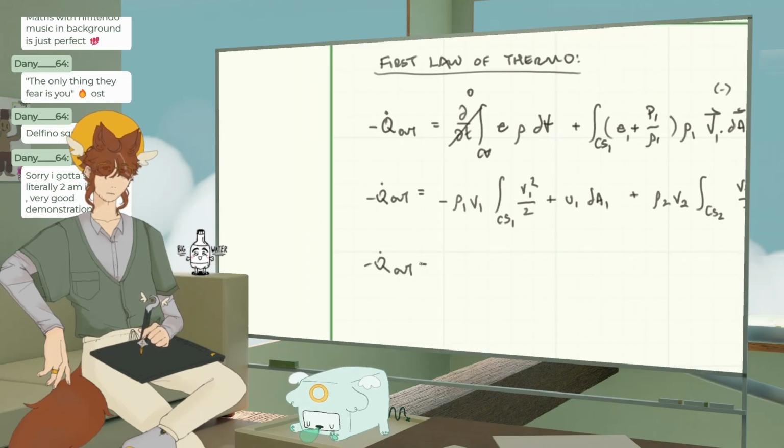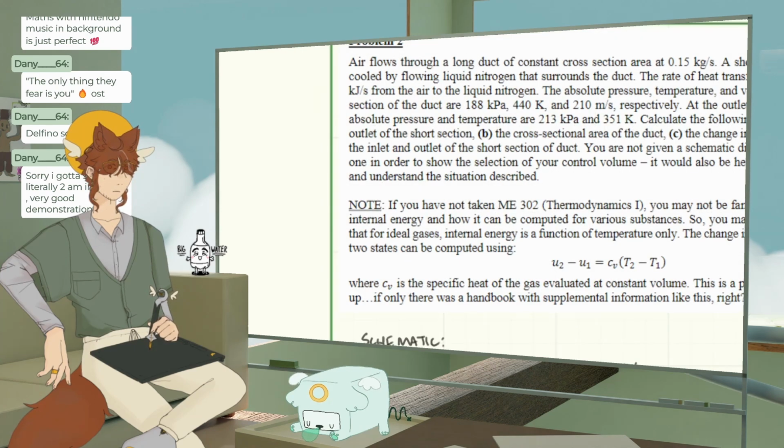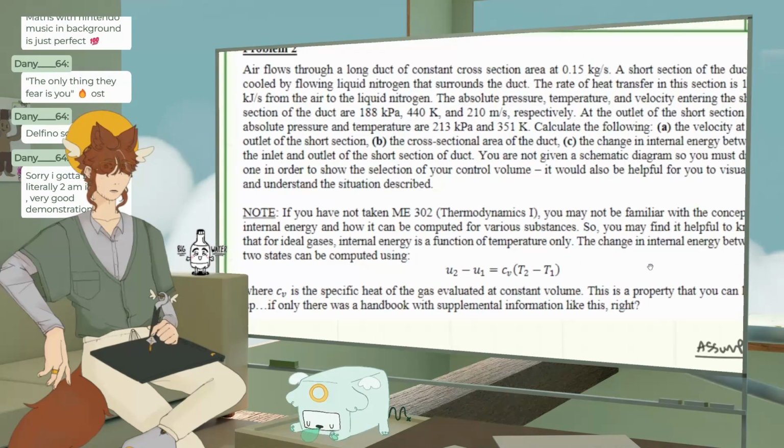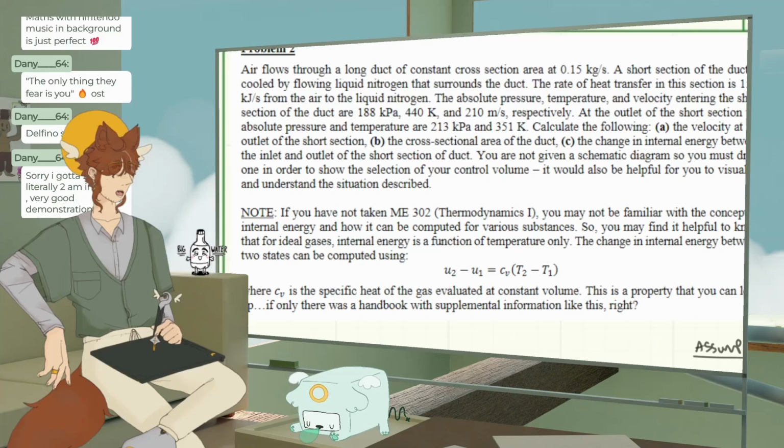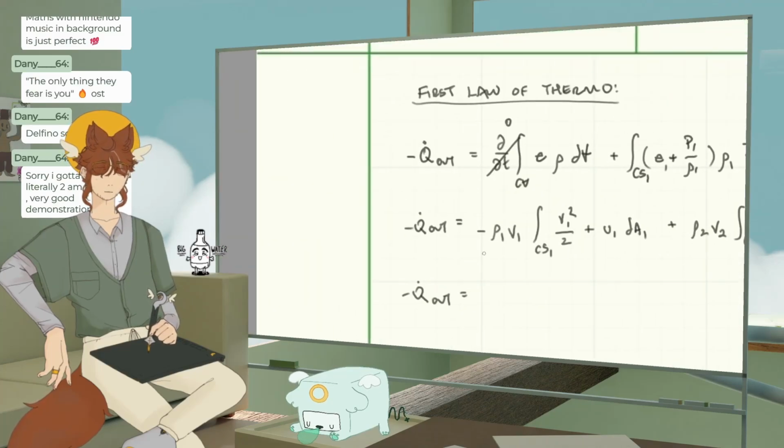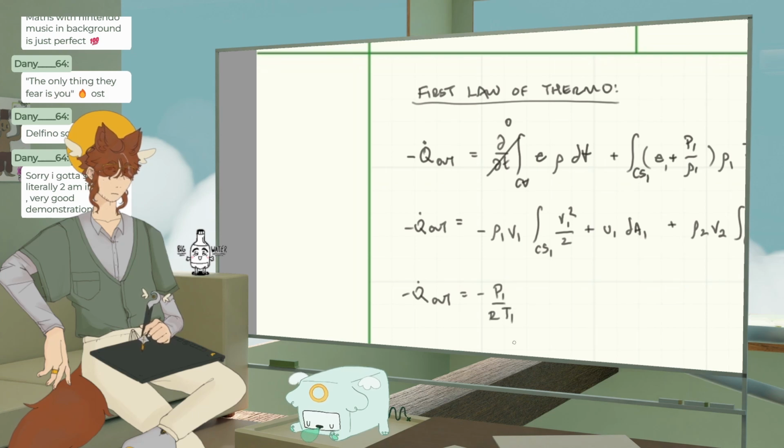Negative Q out equals... Wait, did he give us the... Yeah, he gave us the heat transfer. I don't know, man. That's weird. Okay. So, this will be P1 over R T1. Those are all things we know.